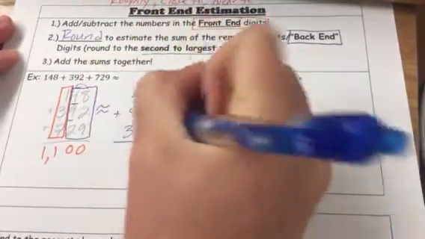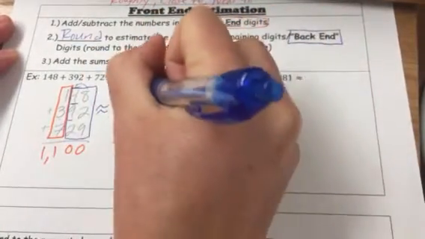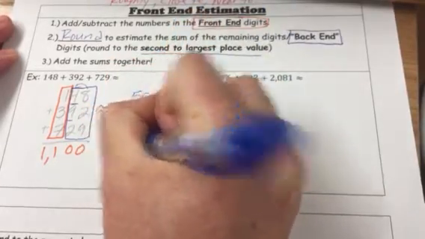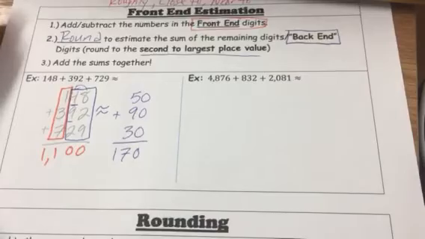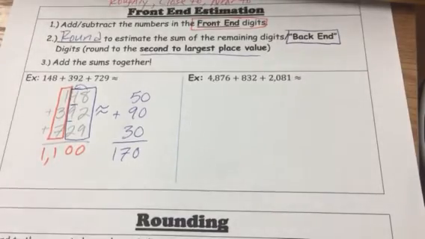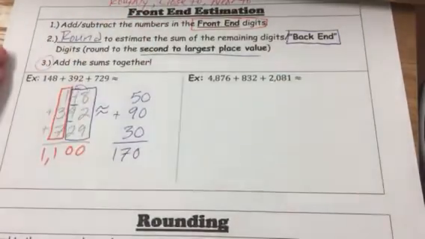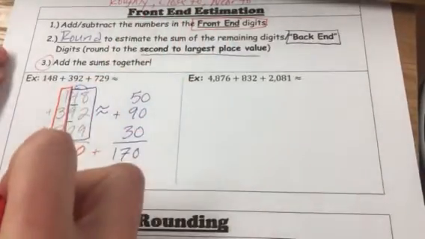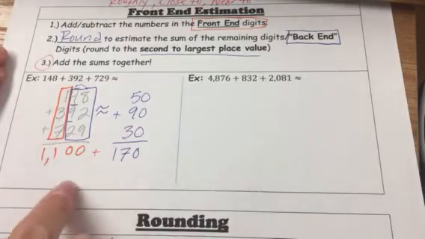Let's go ahead and add those up. 5 plus 9 is 14, plus 3 more is 17. So that's 170. And now our last step, step 3, is to add these two together. You can stack them up vertically if that helps you.